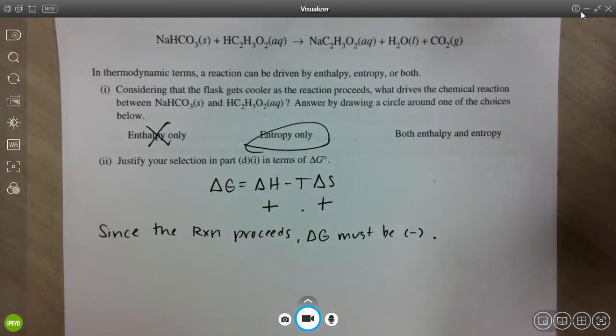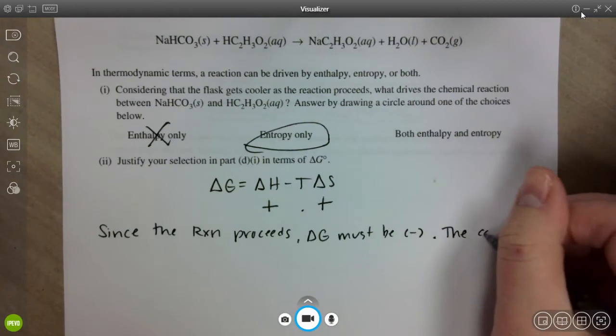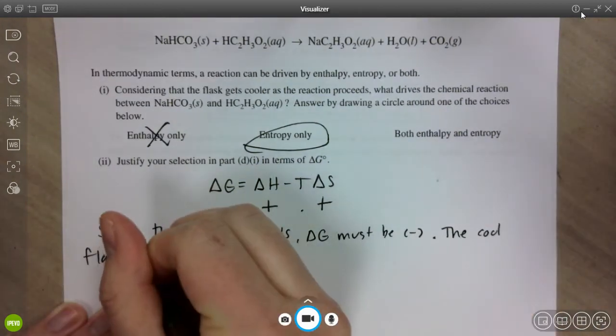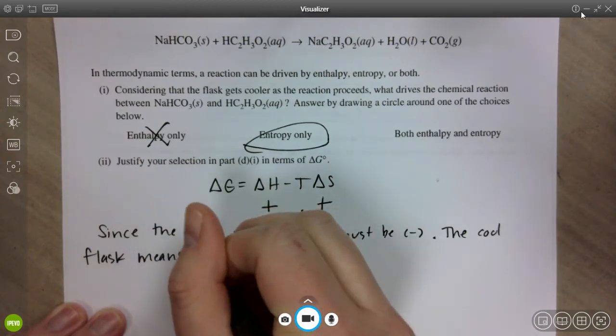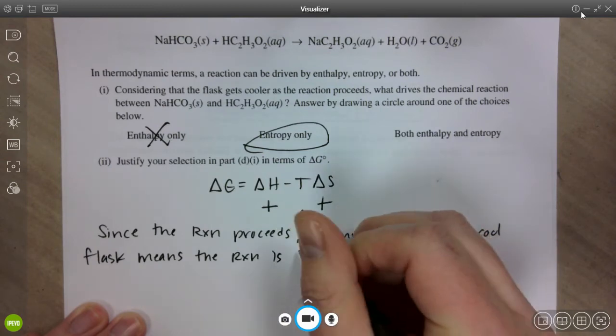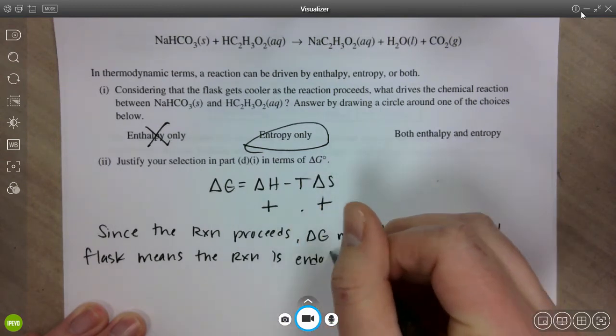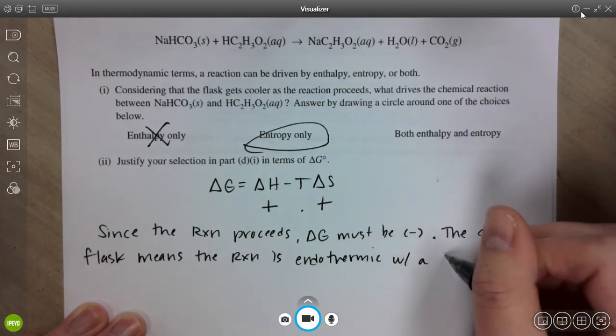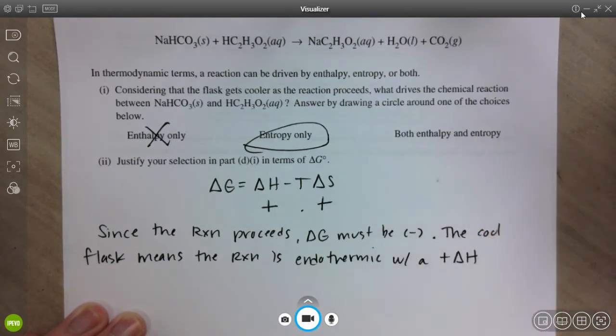Then I'm going to say the cool flask means the reaction is endothermic, with a positive delta H. Okay.